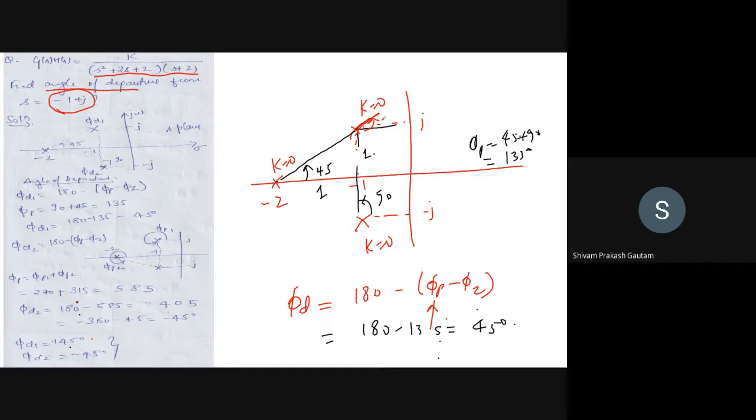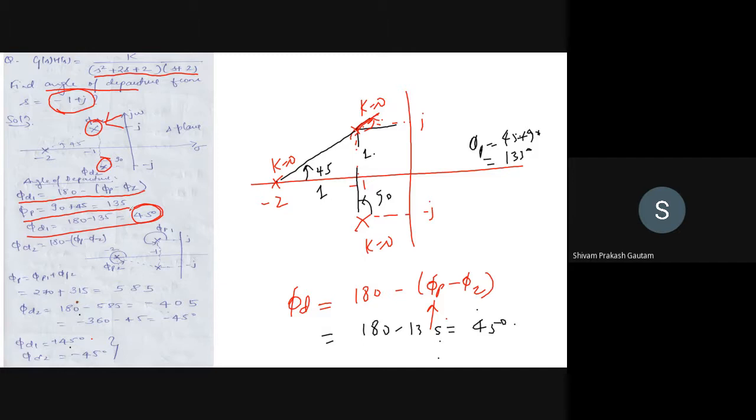So you can see the same thing I've shown here. This is one pole, another pole. You have to calculate the phi d for this point, -1 plus j. The formula is 180 degree minus phi p plus phi z. Phi p is 90 plus 45, that is 135 degree. So phi d1 will be equal to, sorry, only 45 degree. And phi d2 will similarly be the mirror image.